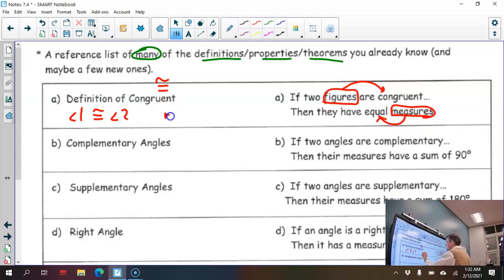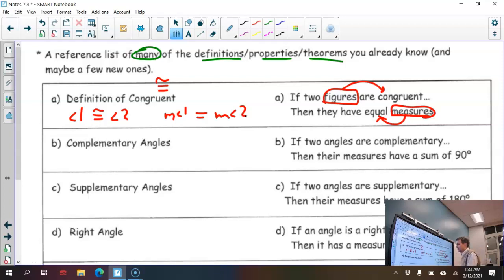I might say the measure of angle 1 equals the measure of angle 2. I would never say that angle 1 equals angle 2. When I'm talking about figures, I use the word congruent. Congruent means they have equal measures. Measures are equal. Figures are congruent.